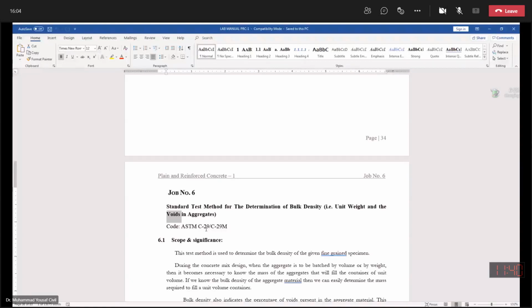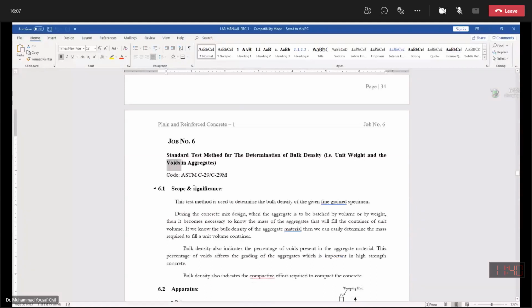And what is the significance? It should be noted that this is a very important job, and at the end of it you can have an idea about the density and the gradation of the material.